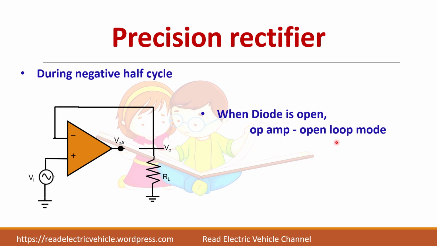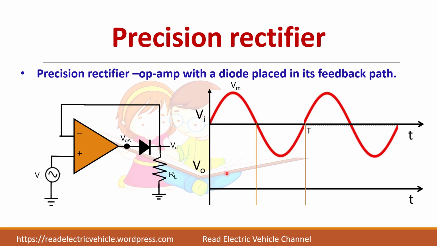We have already seen that when the op amp is in open loop mode, the output voltage will be plus or minus V saturation depending upon the voltage. So here, a negative voltage means you will get the negative saturation voltage. Though this circuit does the half-wave rectification, the problem with this method is that during the negative half cycle, it enters into the saturation voltage. So this should be avoided.